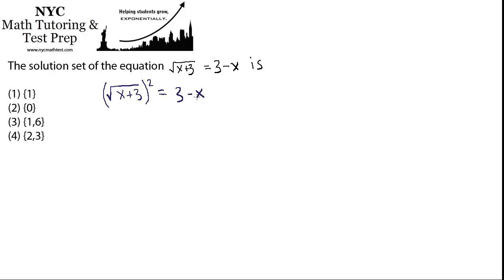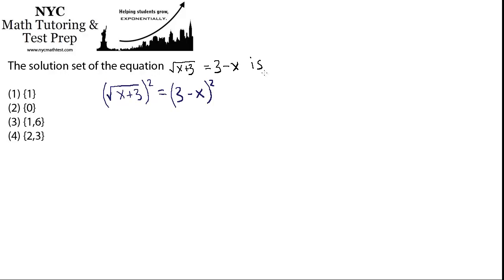And this is where you can run into trouble. If you square both sides of an equation, then what can happen, and what will happen in this case, is this 3 minus x quantity, when it gets squared, x goes from the first power to the second power. And what's the difference between a polynomial that only has x to the first power, versus a polynomial that has x to the second power?